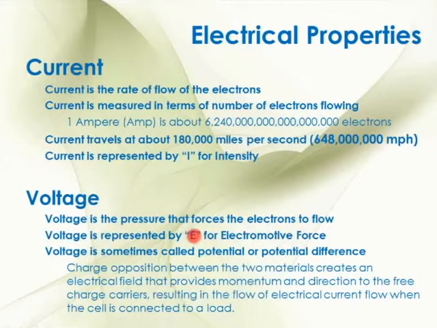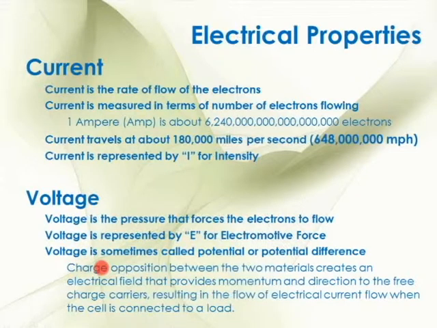Voltage is often represented by an E for electromotive force, which is what they used to call it back in the 1800s, when electricity was just something to play with in your basement if you were a scientist. So E will represent voltage in a lot of formulas. Sometimes they'll put the V in there, and sometimes they'll put an E instead, so you have to memorize that voltage is represented by an E sometimes.